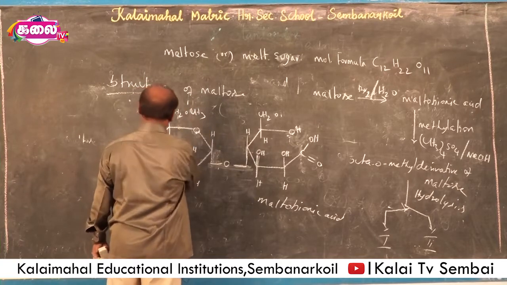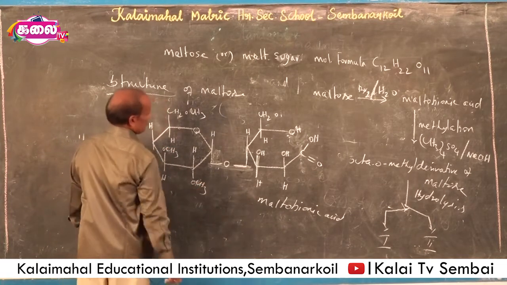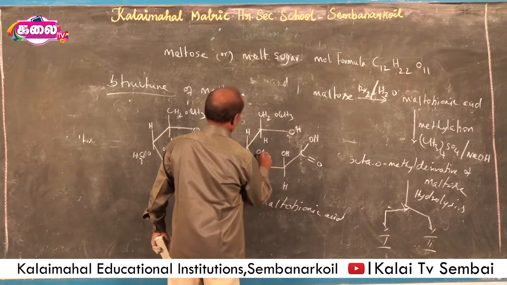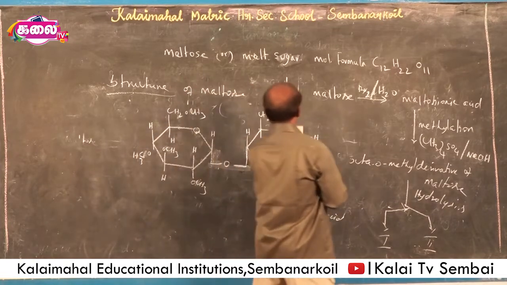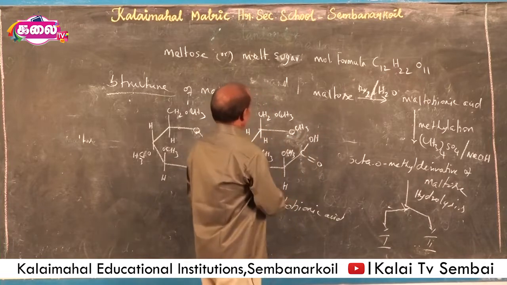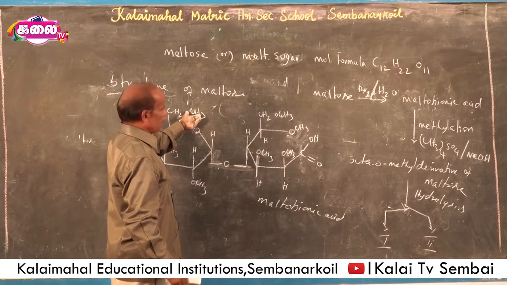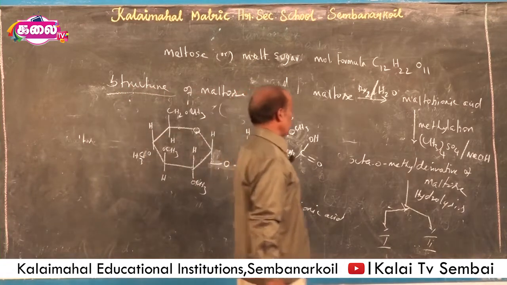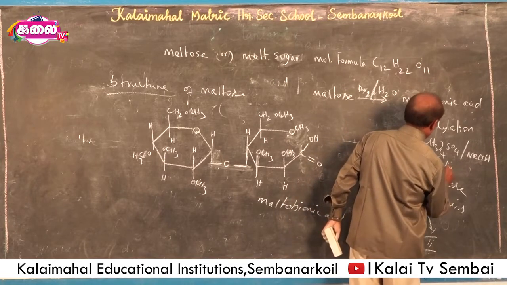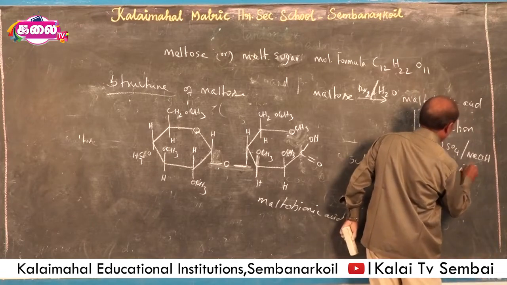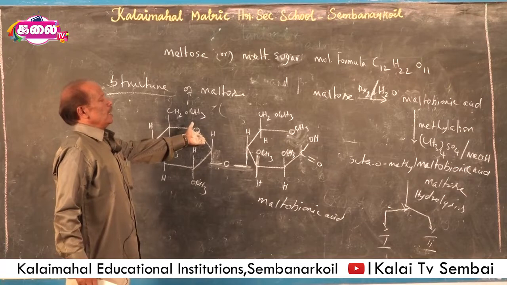So, this is CH3, here also CH3, here also CH3, and so on: 1, 2, 3, 4, 5, 6, 7, 8, octa-O-methyl maltobionic acid.